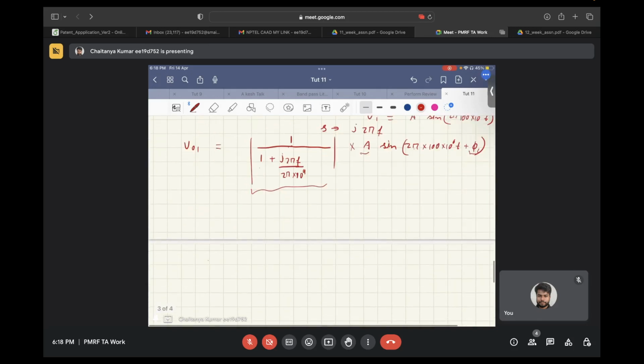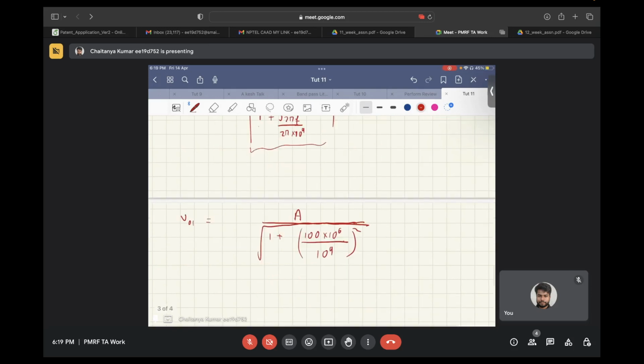So what do you get? 1 divided by the square root of 1 plus (100 into 10 to the power 6 divided by 10 to the power 9) whole squared; the 2 pi will get cancelled, right? Yes, sir. So this will be the magnitude of V01. 0.1, sir.